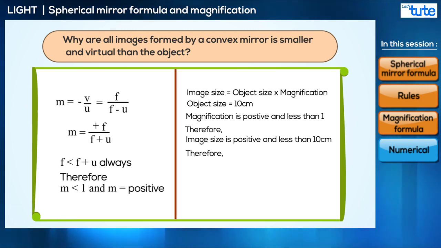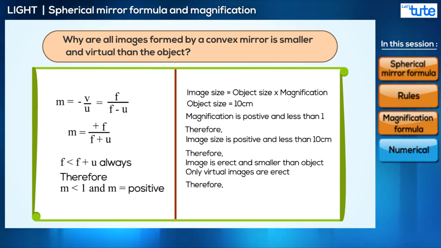This means that the image is erect and smaller than the object, and we know only virtual images are erect, thus the image is virtual and smaller than the object. Since we did not use any specific position of the object, the result we found is correct for all object positions of a convex mirror.